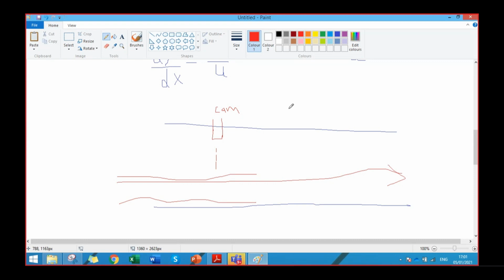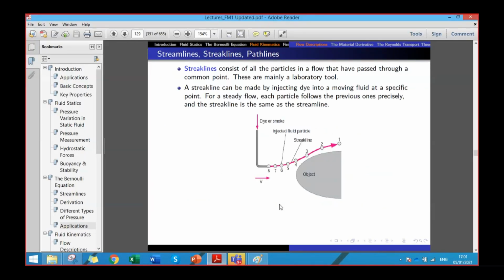Or in a more simplistic way, for steady flow, the streamline is exactly the streak line, because all the particles will be following the same path. So the streak line and the streamline will be the same thing. Is it clear?